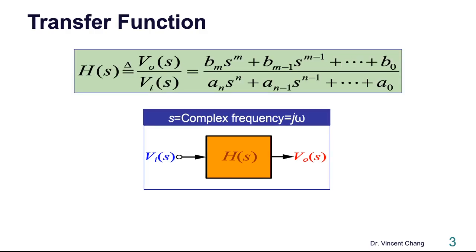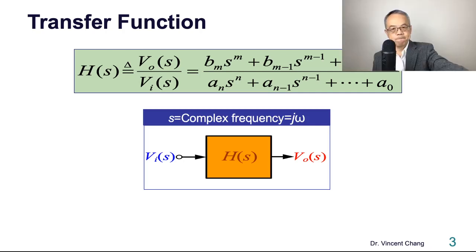So let me give you a general form of the transfer function. It's the numerator polynomial and denominator polynomial. For the numerator part, the polynomial, the highest order is m. For the denominator polynomial, the highest order is n.